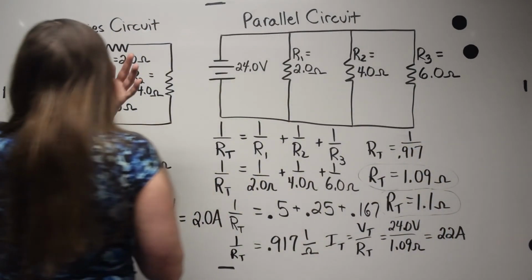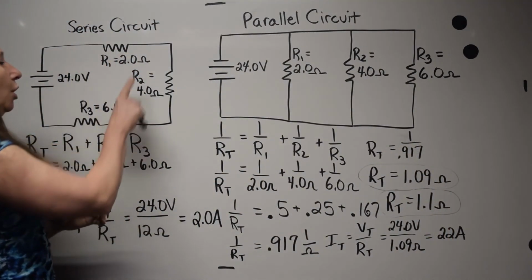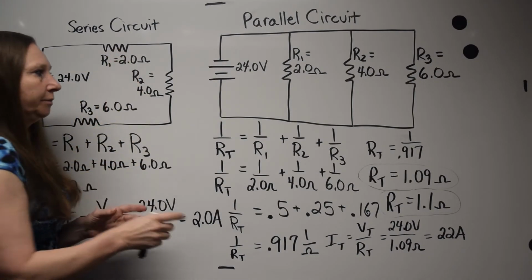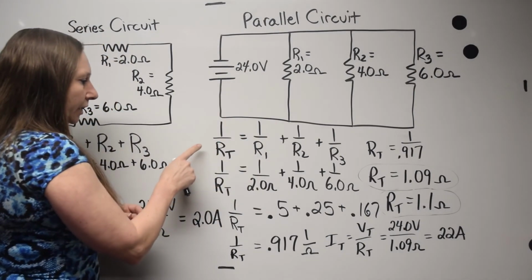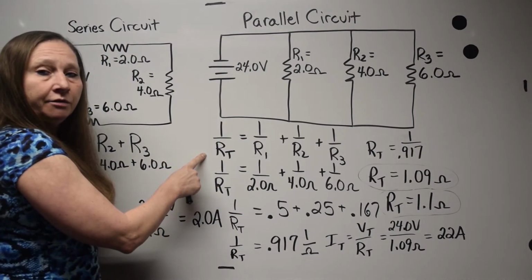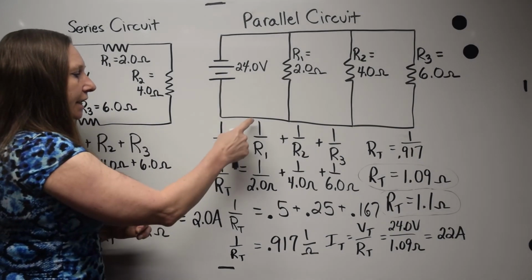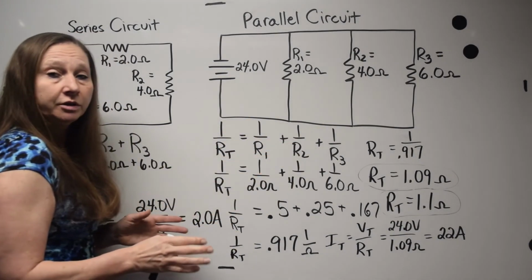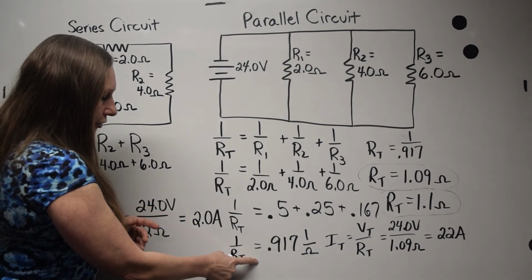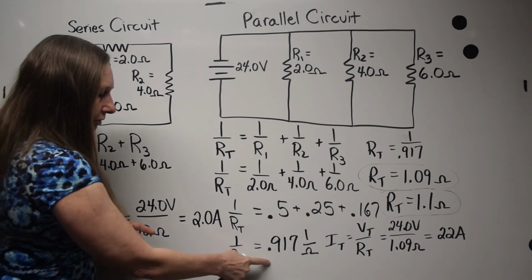Now, for the same components, the 24-volt battery, the 2, 4, and 6 ohm resistor, the parallel circuit is calculated in this way. You're getting the inverse of the total resistance by taking the inverses of the individual resistances and adding them up. So at this point, you've got the inverse of the total resistance.